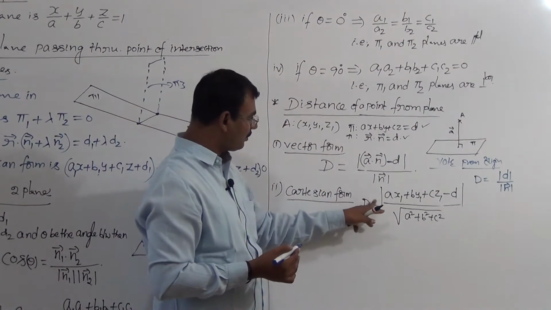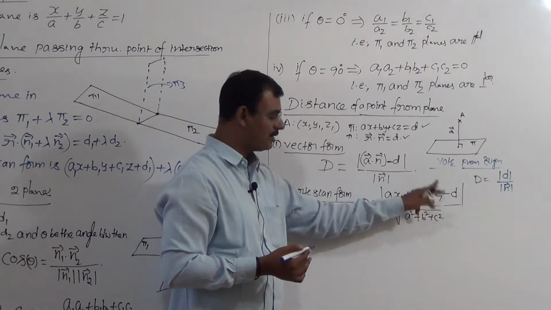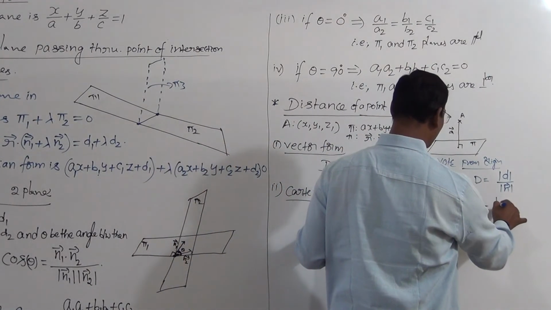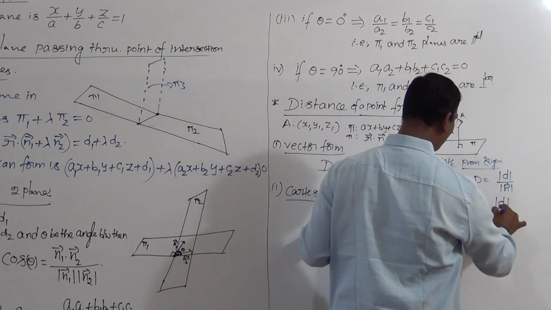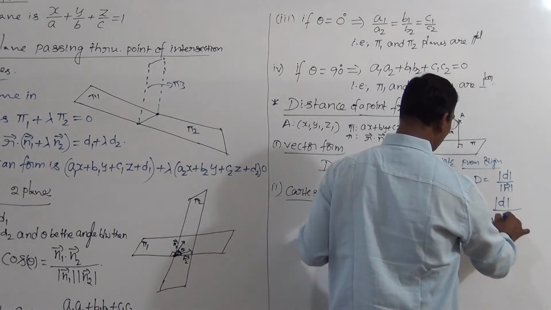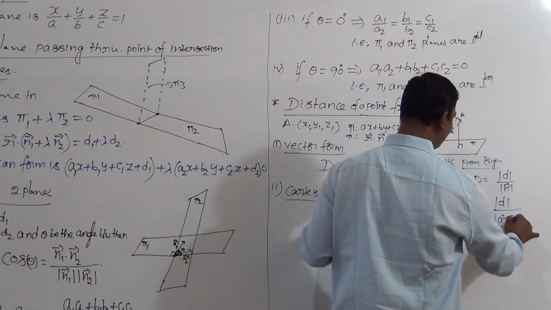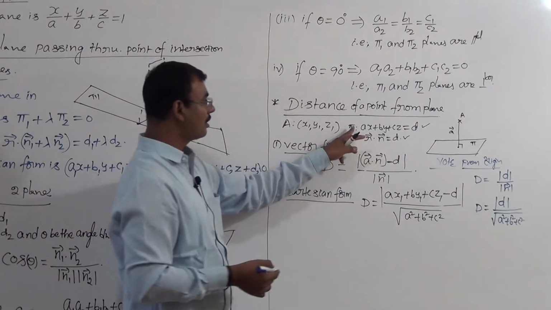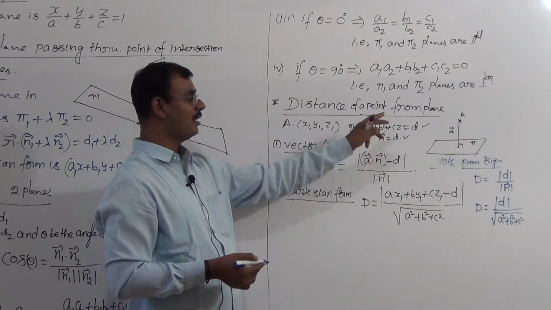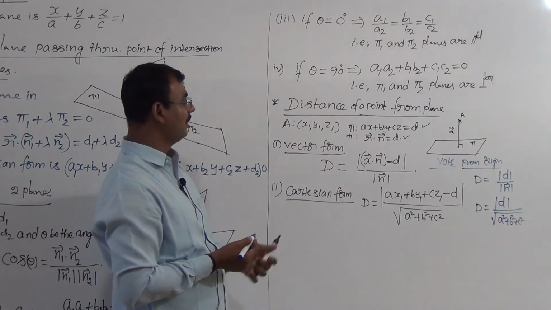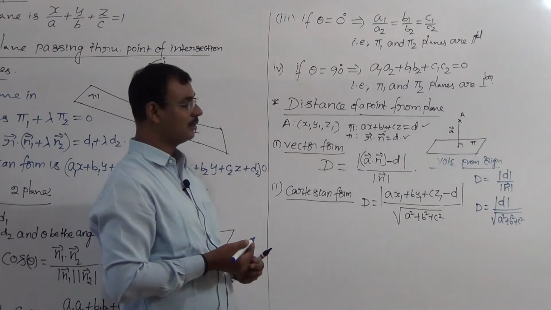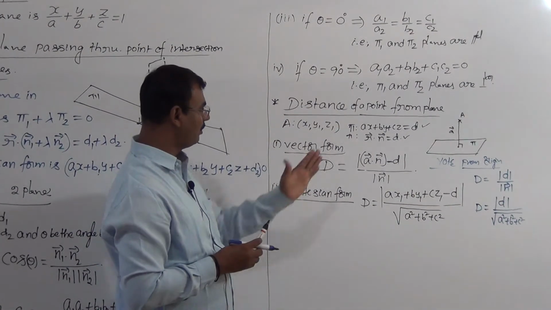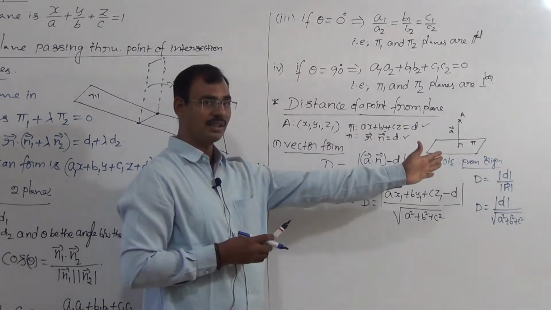If you substitute 0 for x1, y1, z1, in Cartesian form it becomes magnitude of d divided by square root of a square plus b square plus c square. What are a, b, c actually? DRs of the plane. A, b, c are called normals, that means DRs of a normal line to the plane. This is the distance formula from any point, and from the origin also.